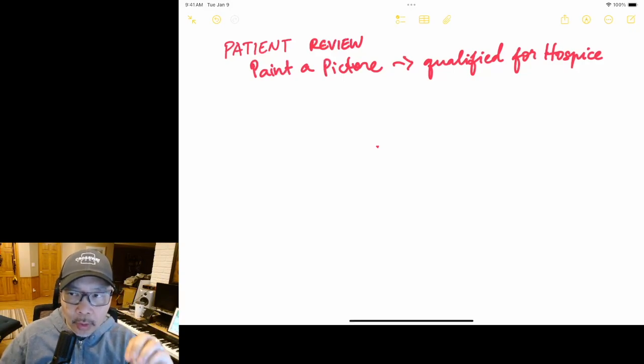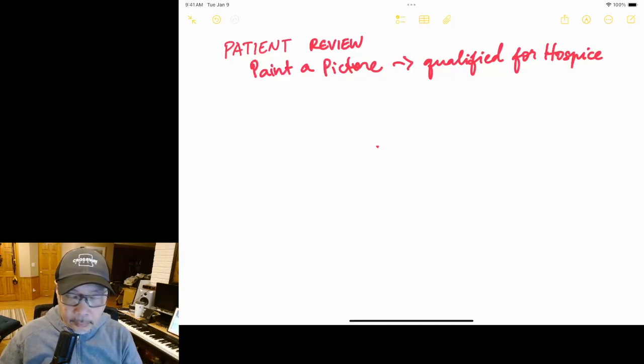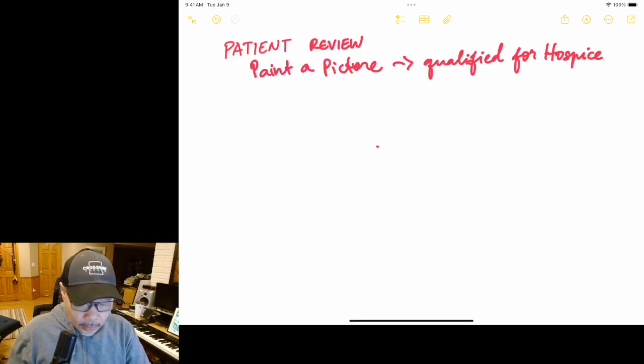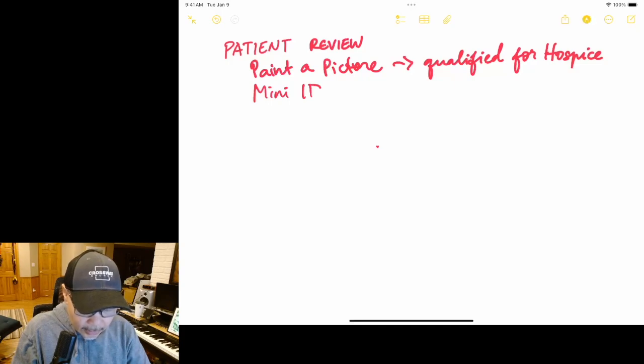If we come strongly and make this presentation and make it clear why they're on hospice, then there's no question about it. It also helps us to evaluate our process and whether our interventions are actually working. Okay, so it needs to be presented as like a mini IDG.